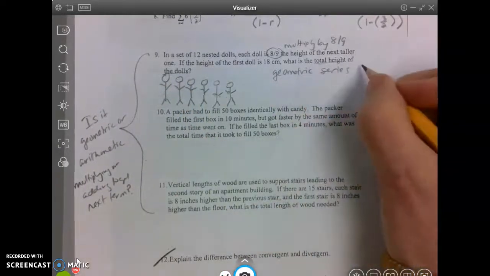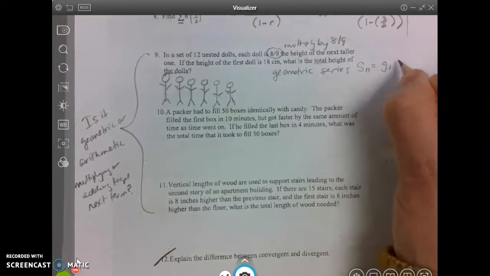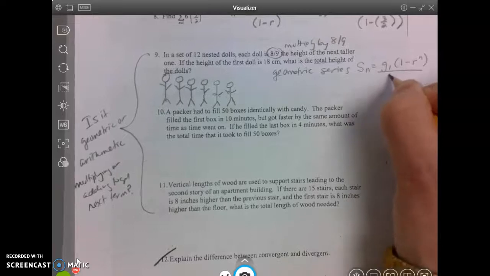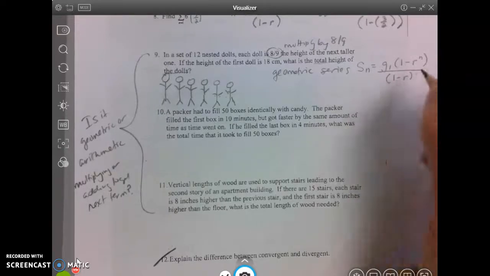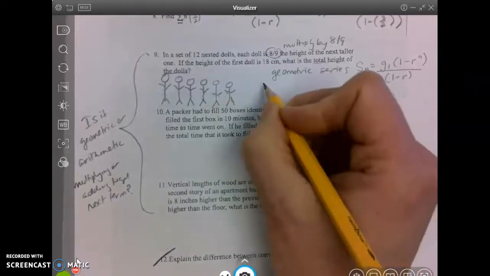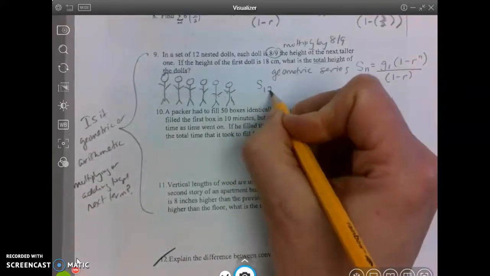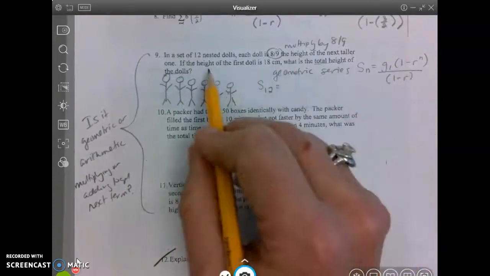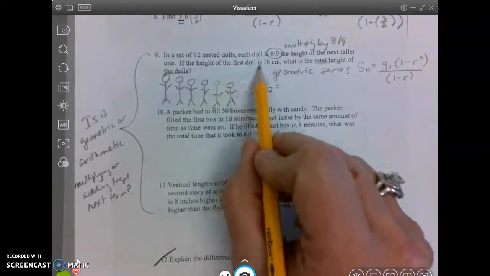So this is going to be a geometric series, which means we're going to use the formula S sub n equals the first term times 1 minus r to the n, all divided by 1 minus r. So S sub 12 dolls is the first doll, we're told, is 18 centimeters.